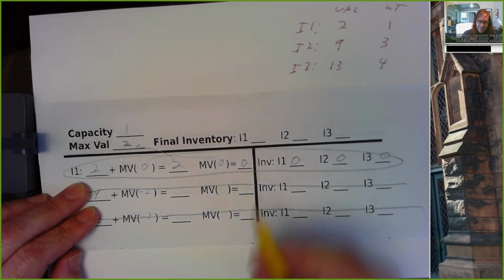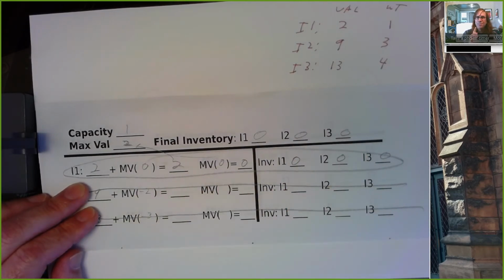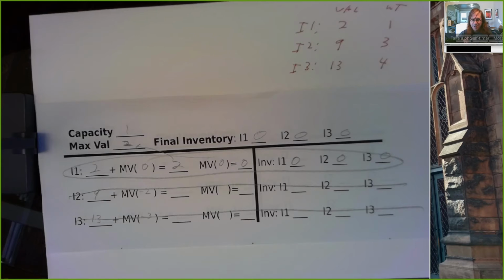And our final inventory will be the inventory that we got by calling max val 0. But, and here's the key part, right? So this is the inventory adjustment.